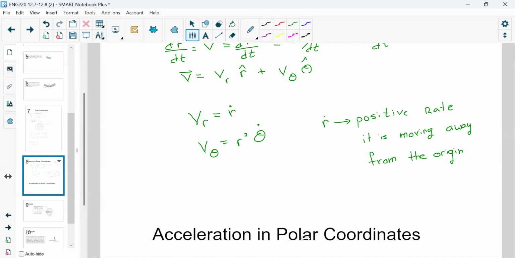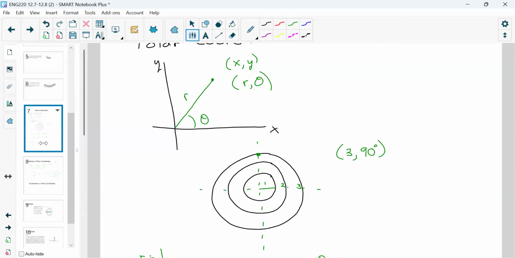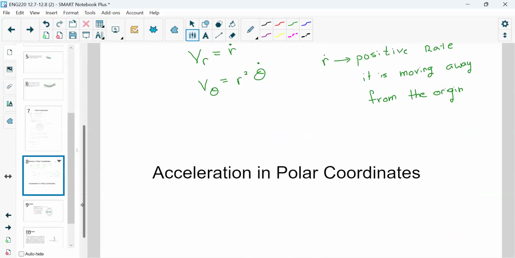So if we go back to my silly little sketch, R dot is telling us how fast this point is moving away, if it's positive. You can probably guess if R dot is negative, how is it moving?